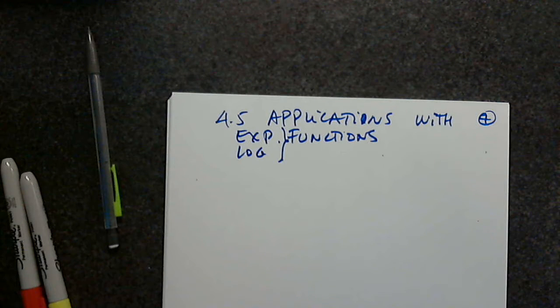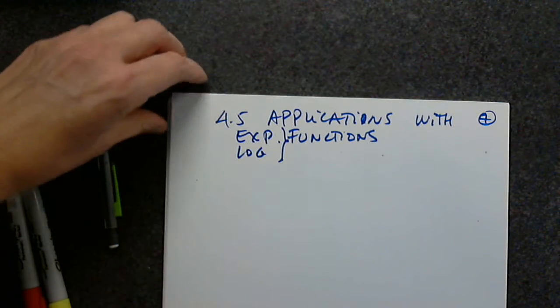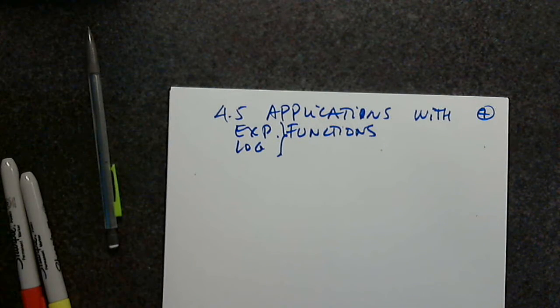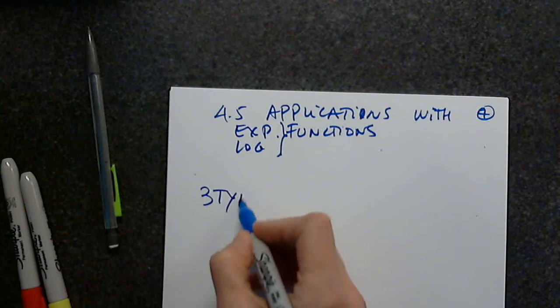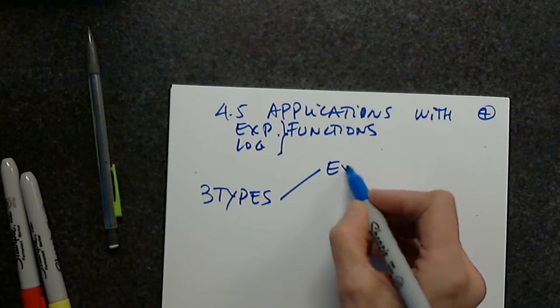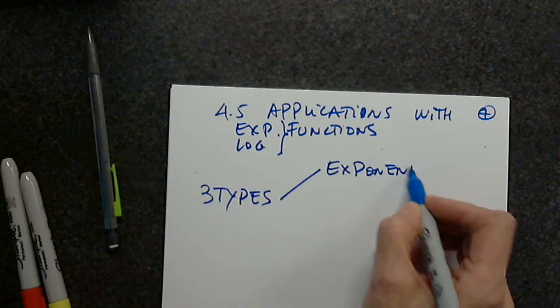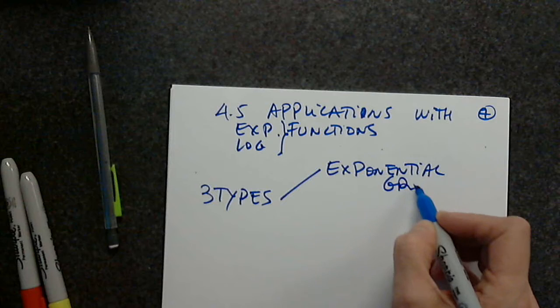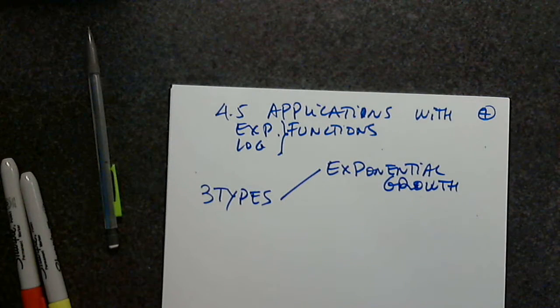There are basically three categories. Three types we're going to look at. One is called exponential growth: population, bacteria, birds, fish, mice, rats, rabbits.